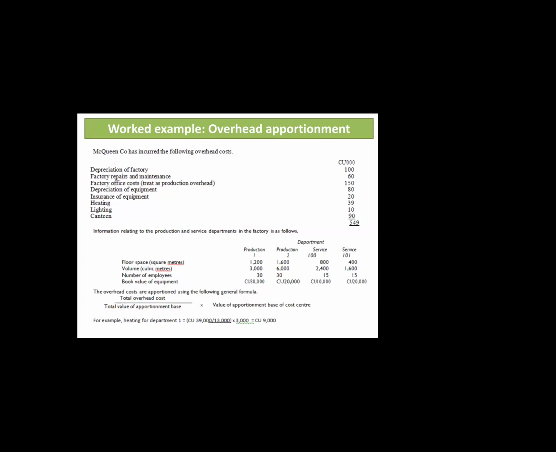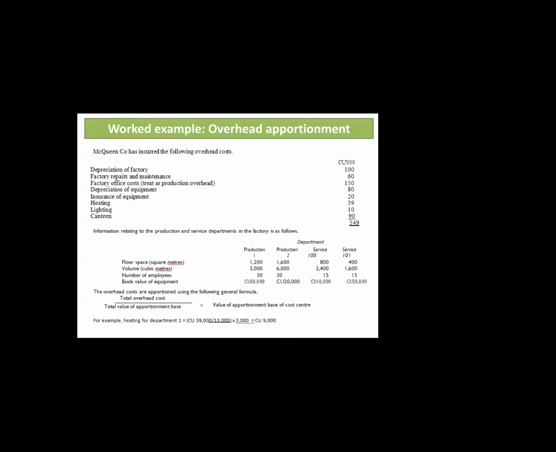Overhead apportionment. Maksodur company has incurred the following overhead costs: depreciation, factory repair and maintenance, factory office cost treated as production overhead, depreciation of equipment, insurance of equipment, heating, lighting, and canteen. The information relating to the production and service departments in the factory is as follows.